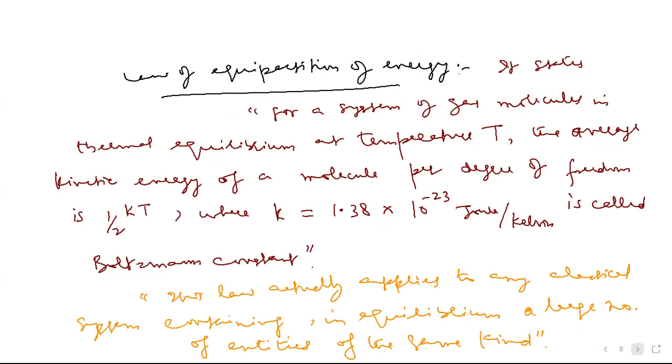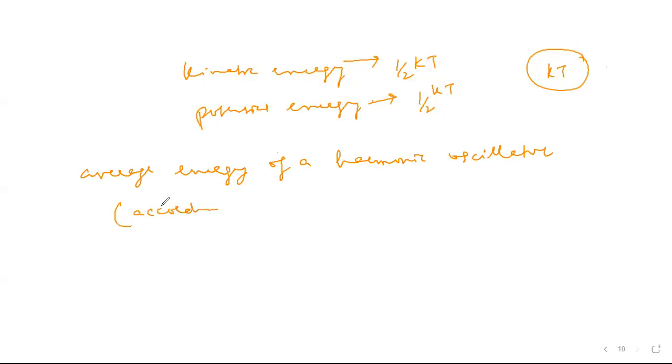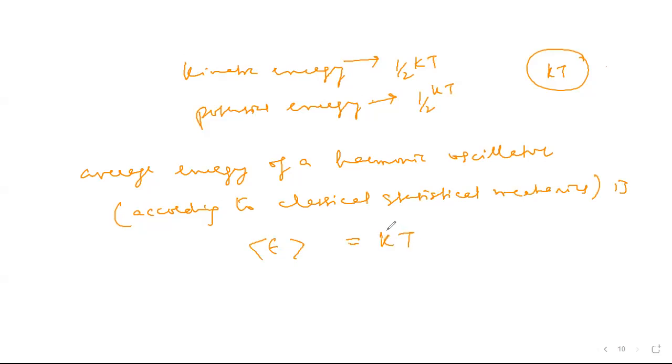So we can say that the average energy of a harmonic oscillator, according to classical statistical mechanics, is that epsilon average equals kT, right?